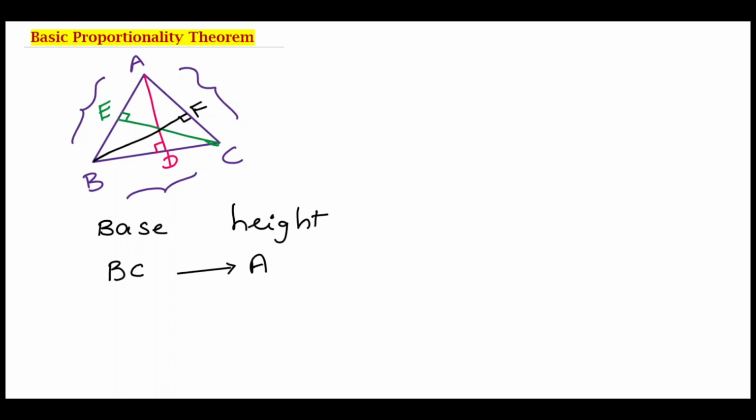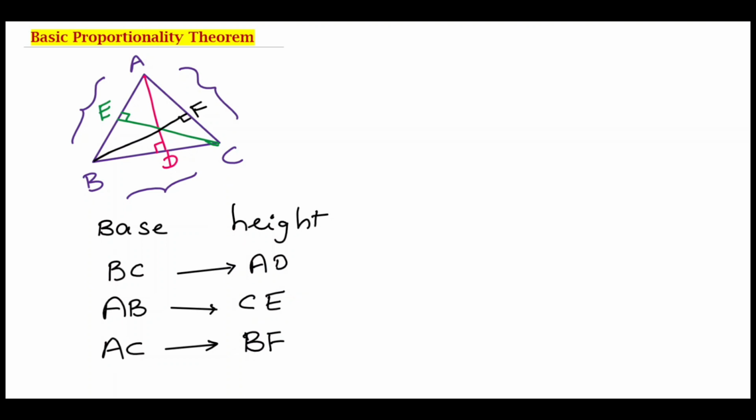Similarly, AB is base, then what is its height? If AB is base, height will be CE. Then if AC is the base, then what is its height? The height is BF.